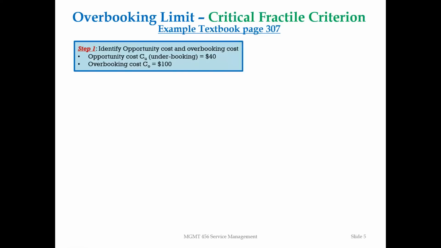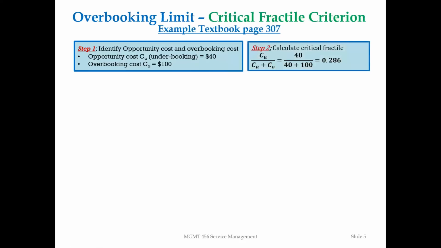For empty rooms, the cost is $40. The second cost we need to identify is the overbooking cost. We use the notation CO. O stands for overbooking. For this example, the overbooking cost is $100. So that is step 1. So simple: identify 2 costs.